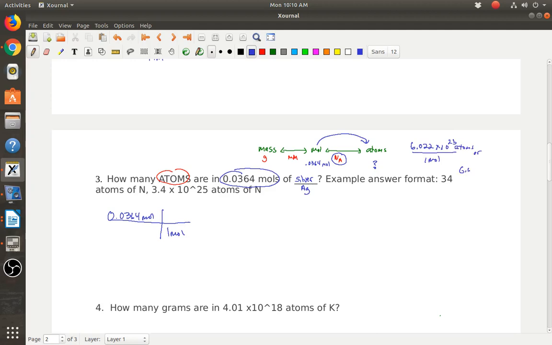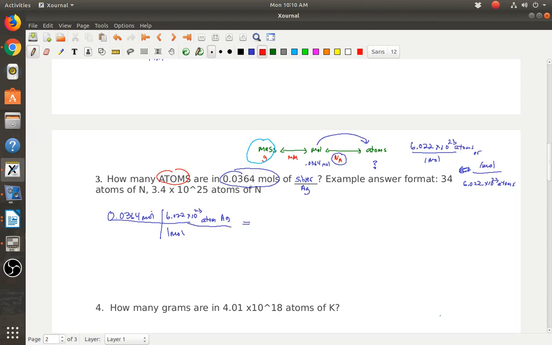Or 1 mole is 6.022 times 10 to the 23rd atoms. There's the 2 conversion factors. What is never there? Grams, because grams is only found in mass, not in atom count. Okay? So 6.022 times 10 to the 23rd atoms of silver are in 1 mole of silver.